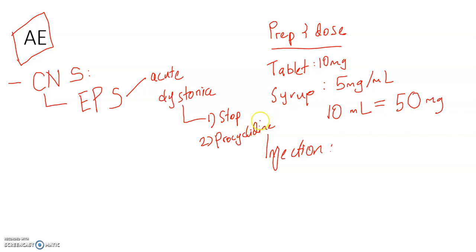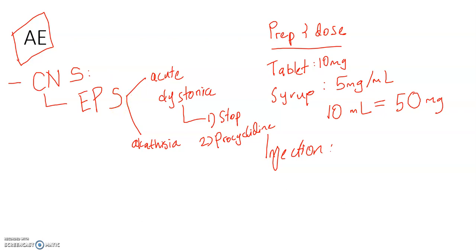Besides acute dystonia, we can have akathisia. Patients cannot sit still, they cannot stand still, they are walking here and there. These are commonly seen in the psychiatric setting, because this drug belongs to the same family as the drugs given for psychosis.